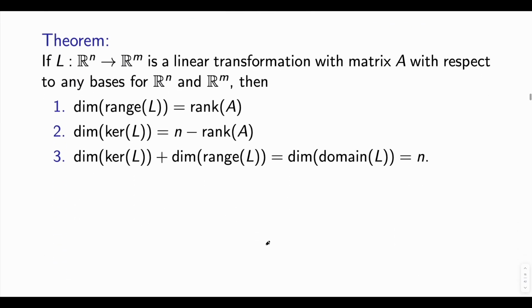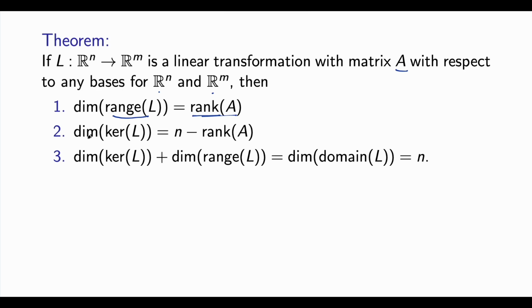So another result: if L is a linear transformation from Rn to Rm with the matrix A, and we have seen that A is a matrix of transformation with respect to any basis of Rn and Rm, then the dimension of the range is equal to the rank of A. Rank of A is nothing but the dimension of the range, the number of non-zero pivot columns after reduced row echelon form.